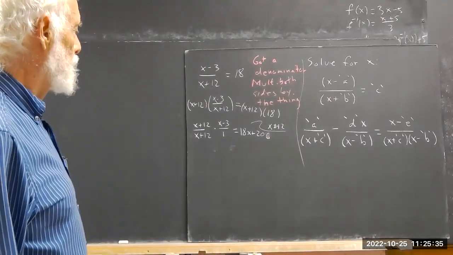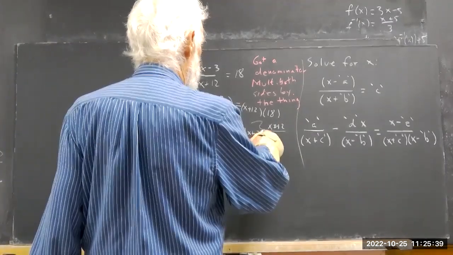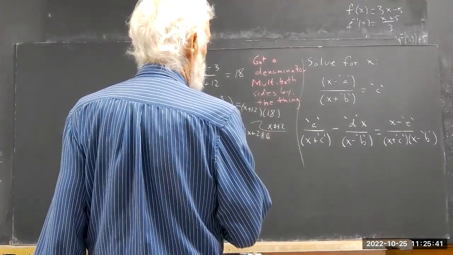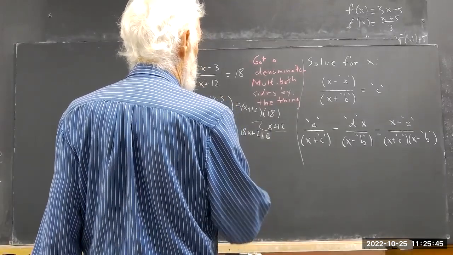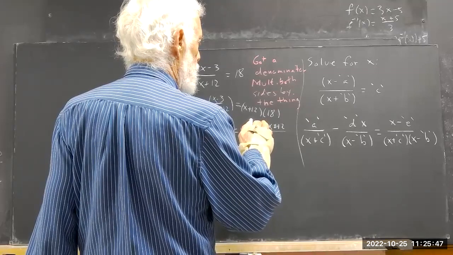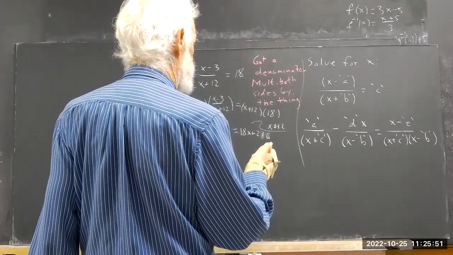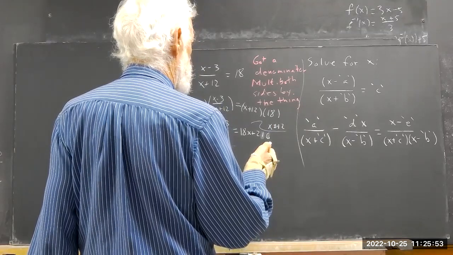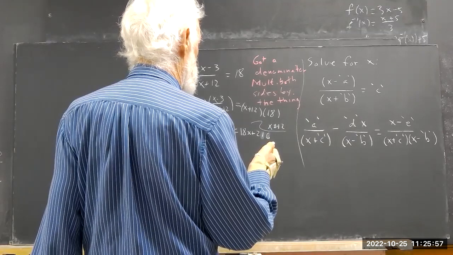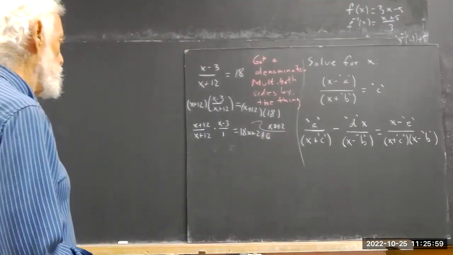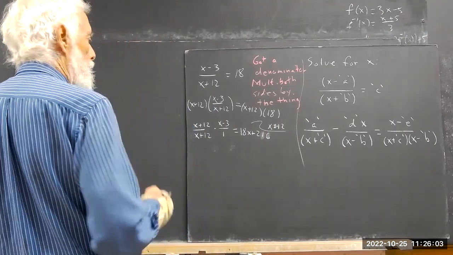Plus 36, it's 180, it's 216. That can't be right because that would be 6 cubed. What's the matter with my brain? 180 and 36 is 216. Okay, well, anyhow, that bothered me a little bit.